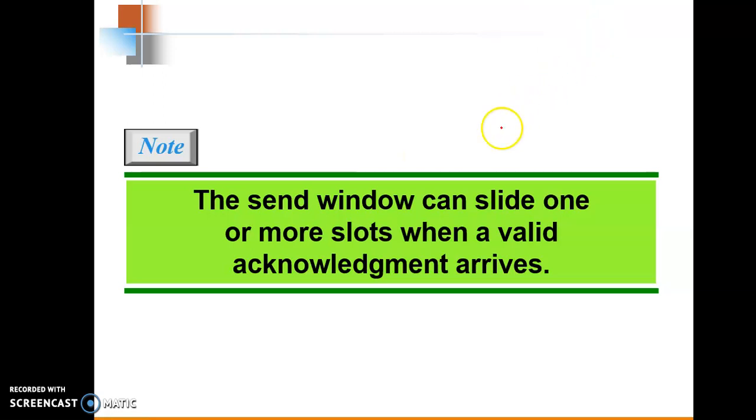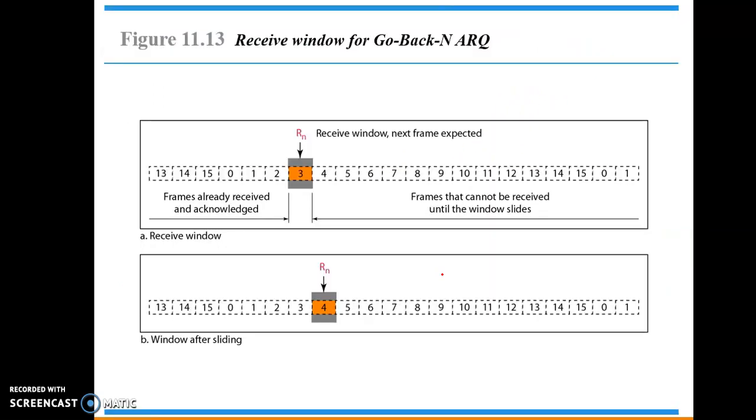So the send window can slide one or more slots when a valid acknowledgement arrives. That's very important. See here, the receiver side does not maintain multiple frames at a time. It always maintains only one frame at a time. The 3 indicates the next frame it expects. 0, 1, 2 have been received safe and sound, I am expecting 3.